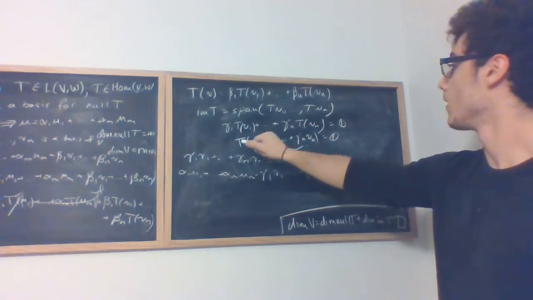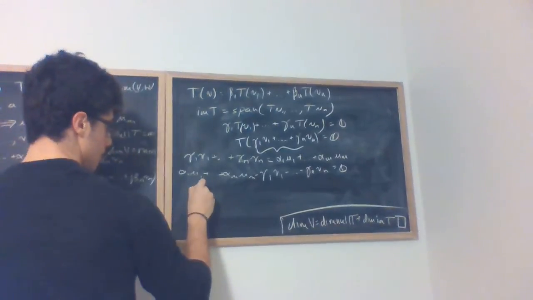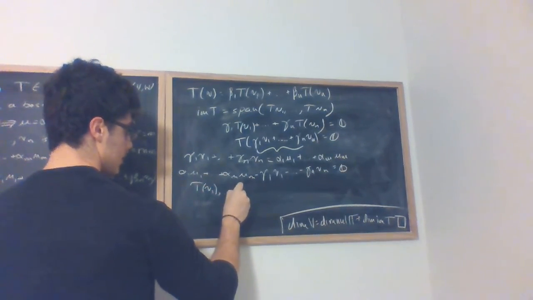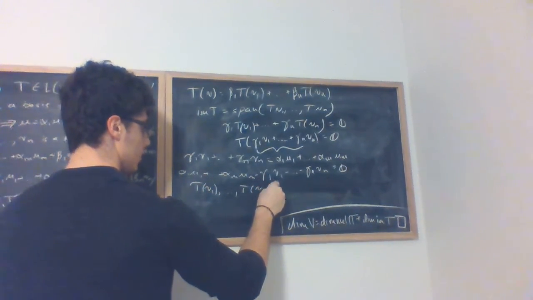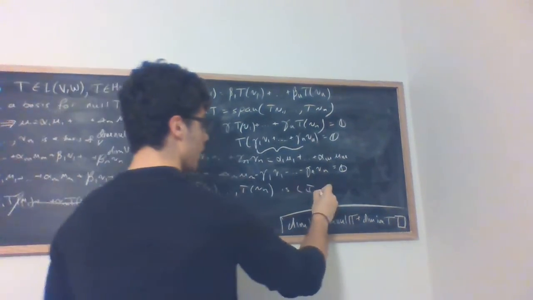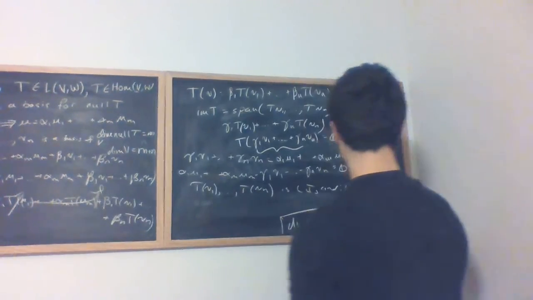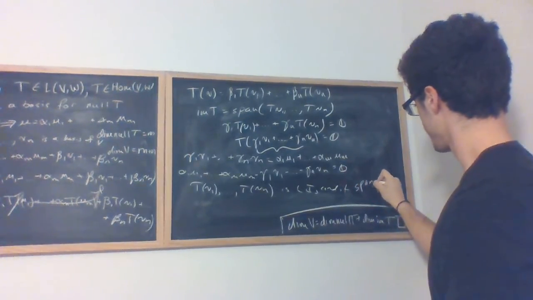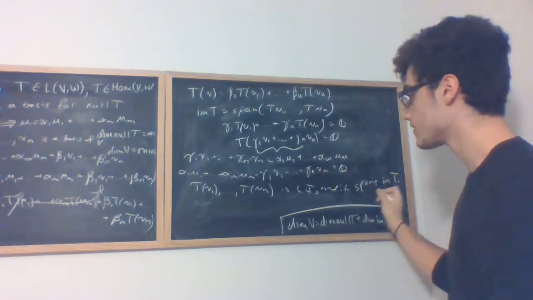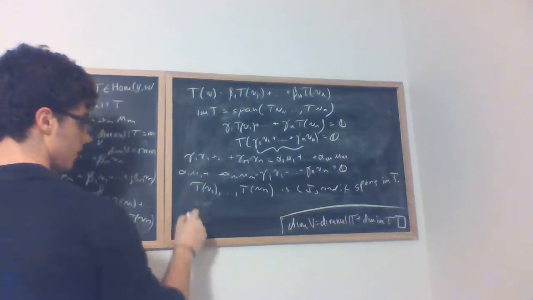Which means that up here, all of these are 0, which means that the list Tv1 up until Tvn is linearly independent, and that along with the fact that it spans the range, or the image of T, means that it's a basis for the range of T.